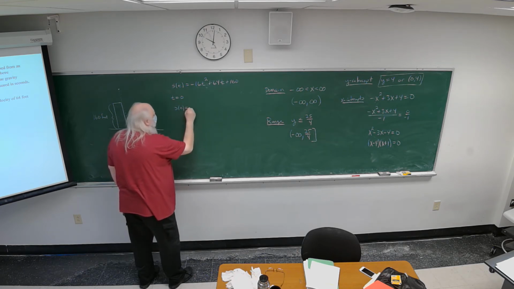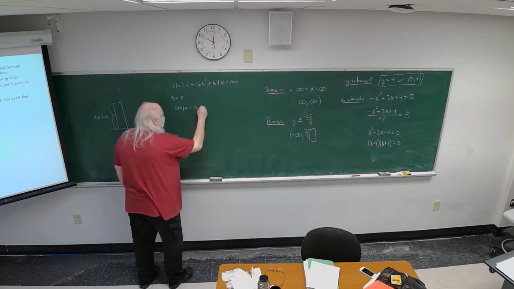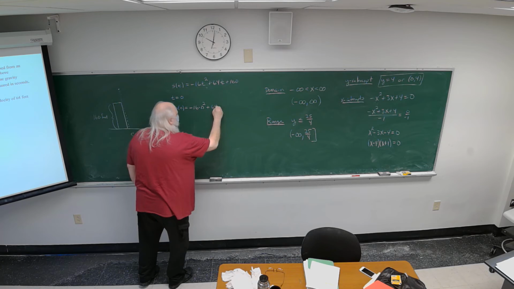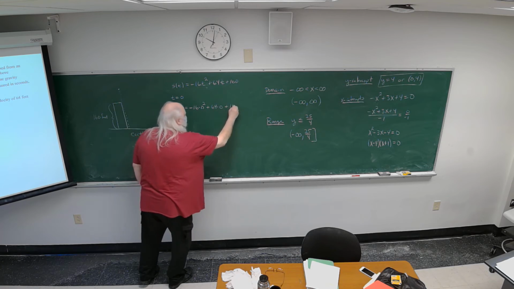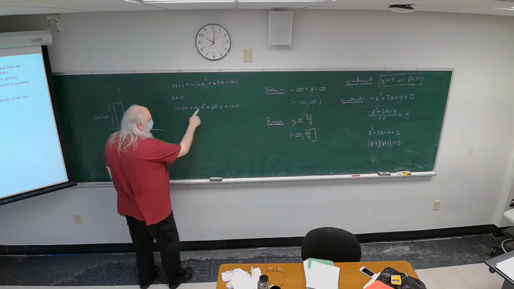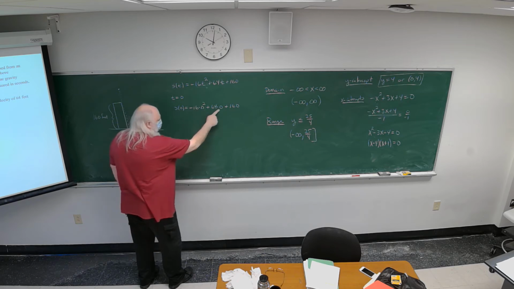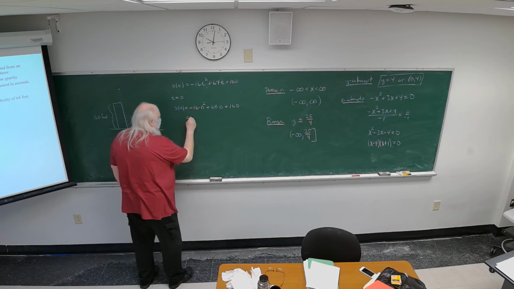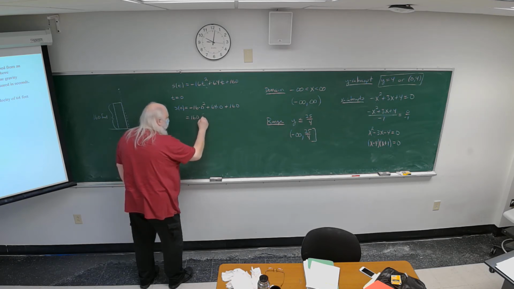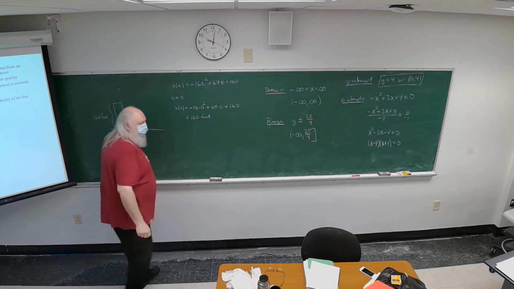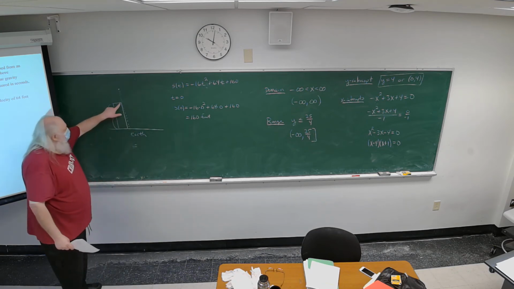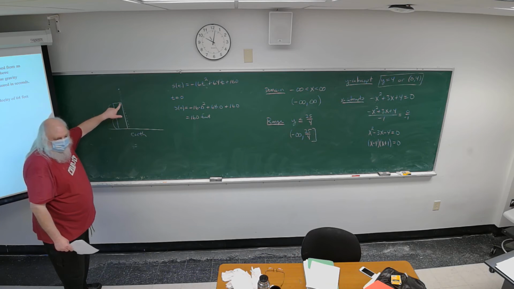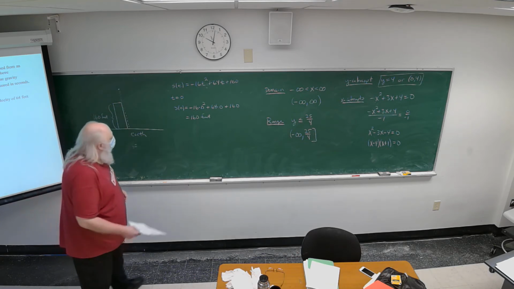S of 0 is equal to minus 16 times 0 squared plus 64 times 0 plus 160. This term is equal to 0, this term is equal to 0, and you're just left with 160. So initially, the ball is 160 feet in the air because it's at the top of the building. That makes sense.